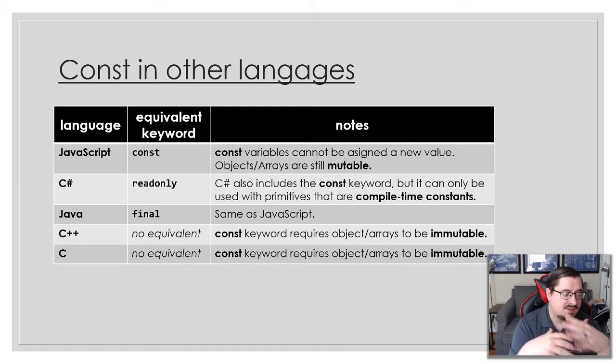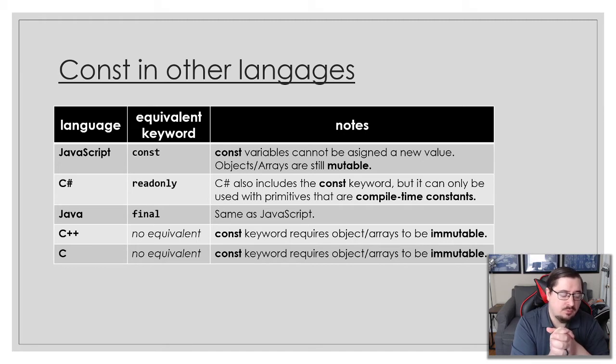In C and C++, that's where the const keyword was originally introduced. But in that context, not only did it mean that you couldn't reassign a value to the variable, it meant that if it referred to an object or an array, that also had to be immutable. That existed in the world of C and C++.